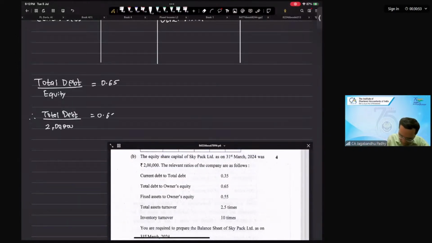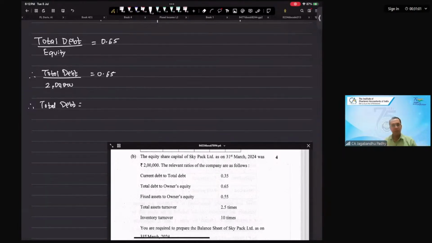This is 0.65, so what will be the value of total debt? Total debt will be 0.65 into 2 lakh, which is equal to 1 lakh 30,000. So 1 lakh 30,000 is your total debt.